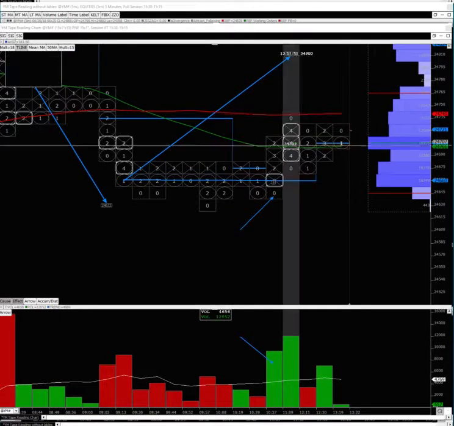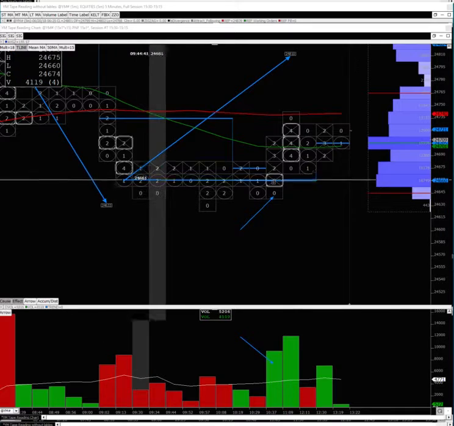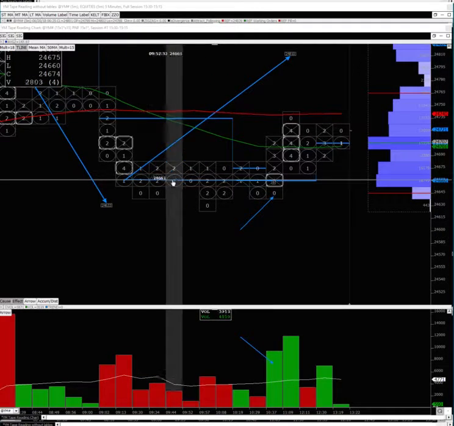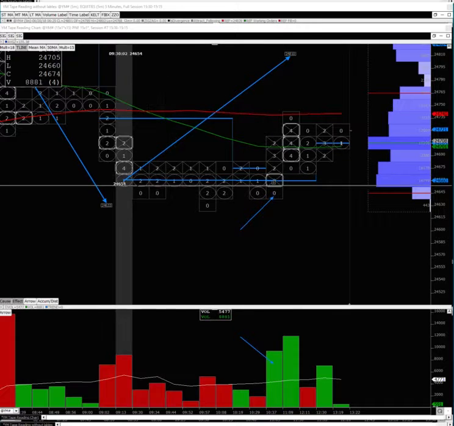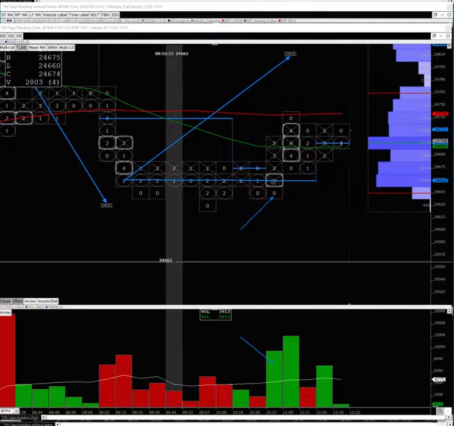Before all of this other action, this volume was building, building, building, which means that they're basically buying, buying, buying. They're accumulating within these levels. And this volume was very pronounced relative to all of the others. In fact, this was the highest volume out of all the levels.